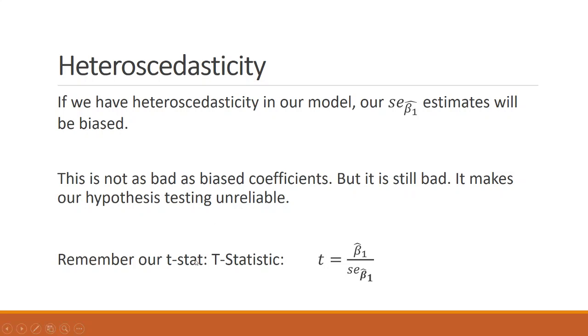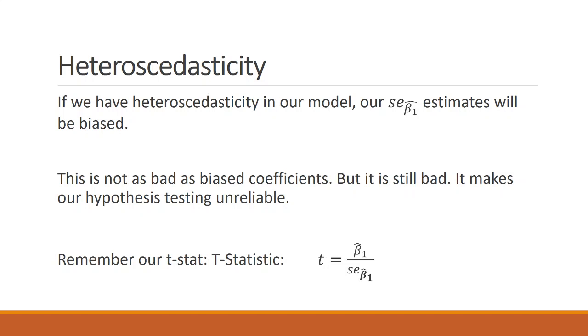Remember our t-statistic. When I refer to hypothesis testing in this context, I'm talking about the t-test that we run to test the null hypothesis that our coefficient is equal to 0.